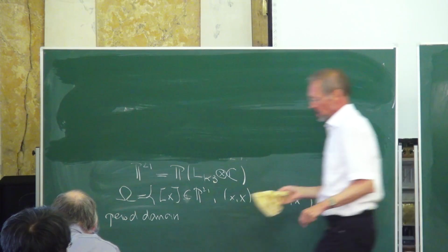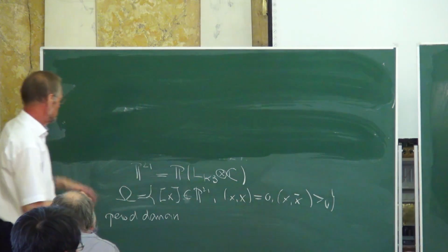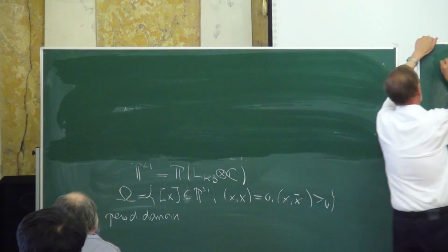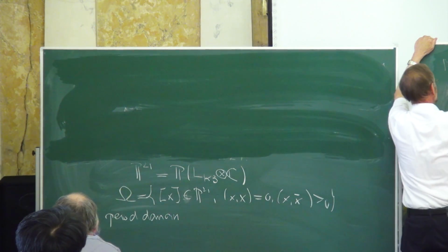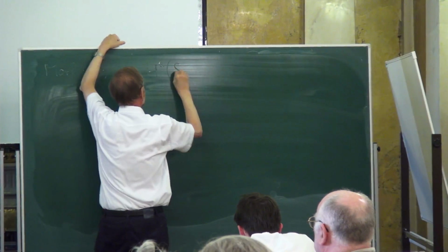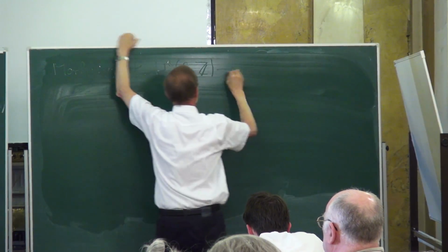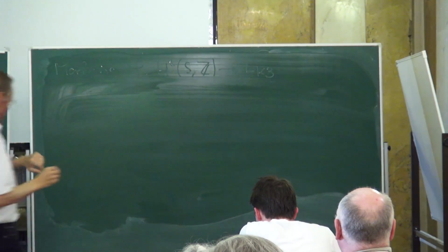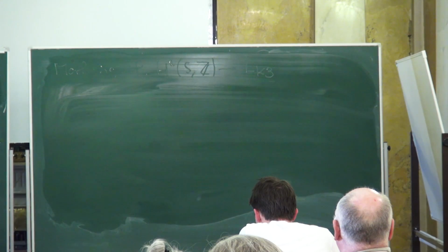So I want to somehow relate Hodge structures to this domain. So for this I choose what's called a marking. A marking is an identification of H2(Z) with the K3 lattice as a lattice.